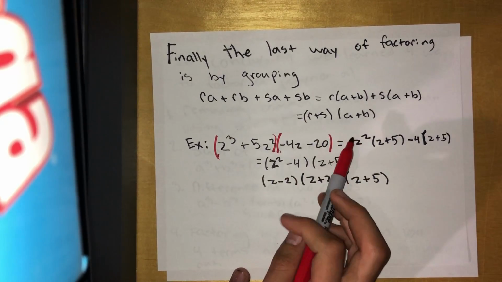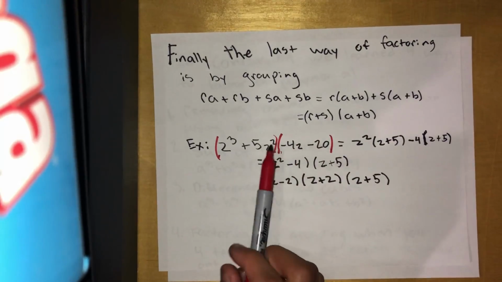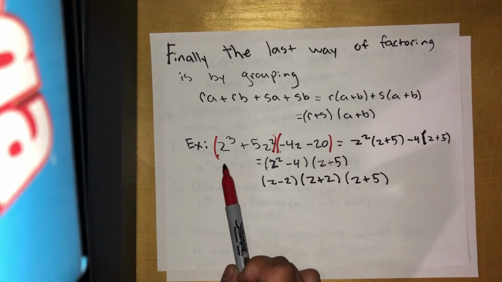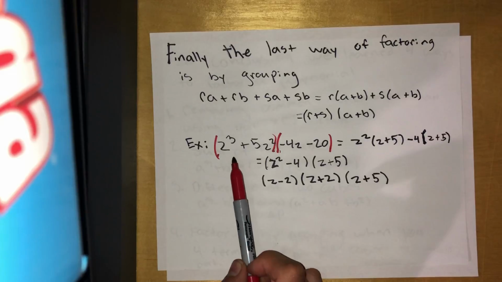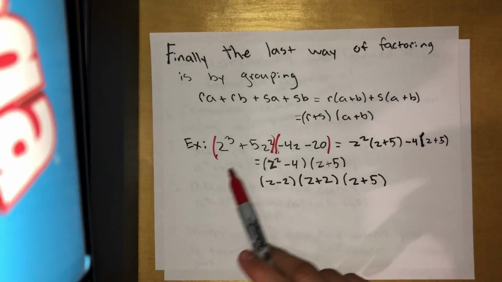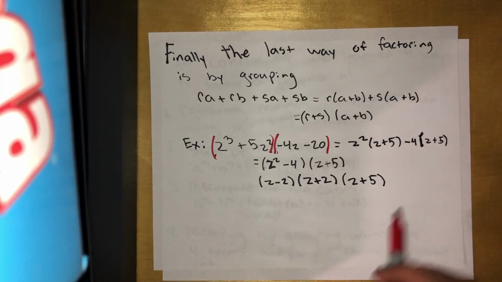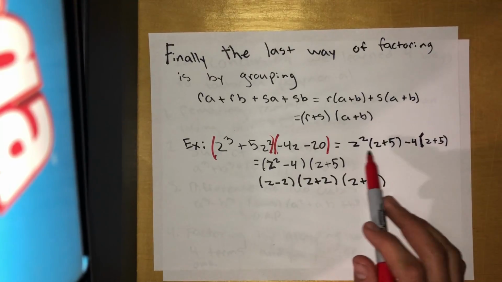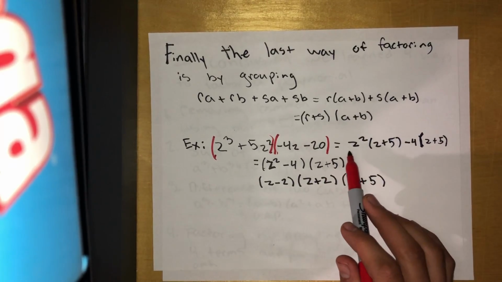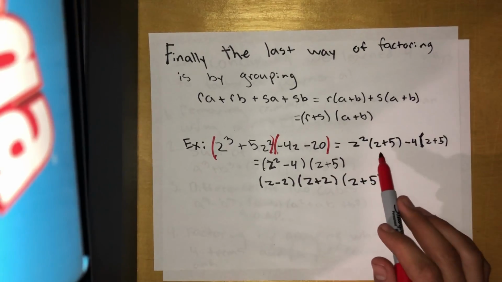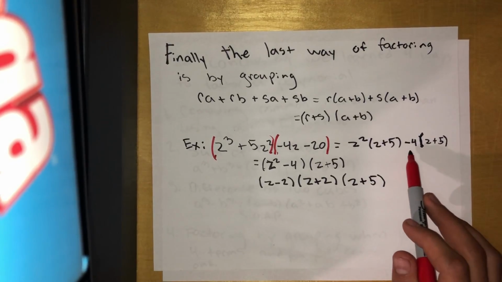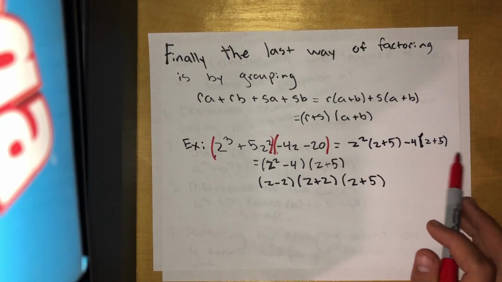Now you want to try and pull common monomials out and get the inside to be the same. So you pull out z squared (z plus 5) and then negative 4(z plus 5).